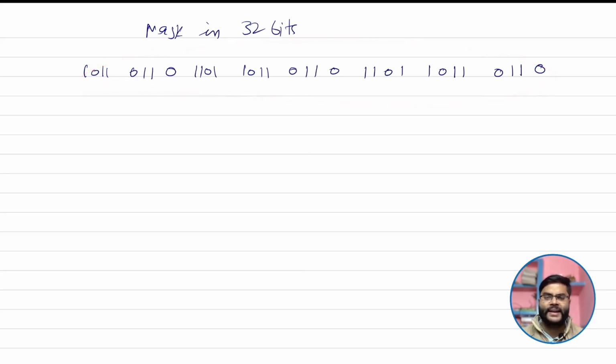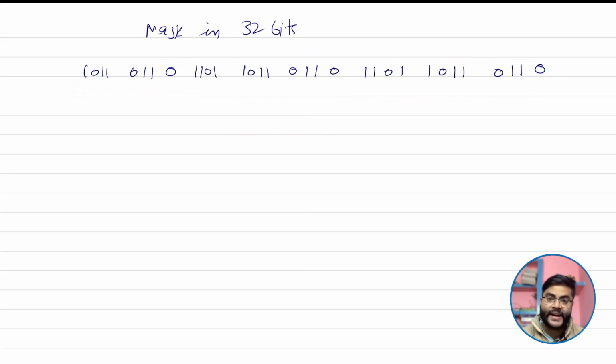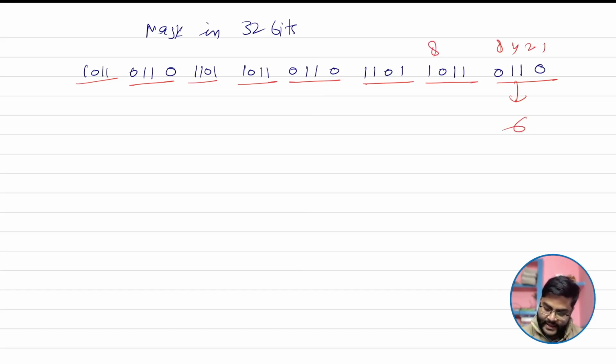Okay. And again, it is not a good idea to write this whole thing, so convert it into hexadecimal. How can I convert this into hexadecimal? I can create groups of 4 bits and write the hexadecimal value. So it is 1, 2, 4, 8. It is 6. And it is 8, 2, 1. It is 11, so it can be written as B. Then it is 8, 4, 1.